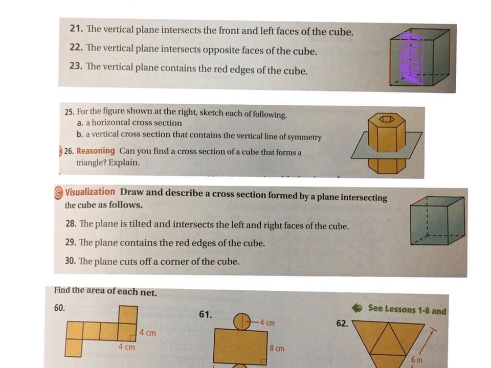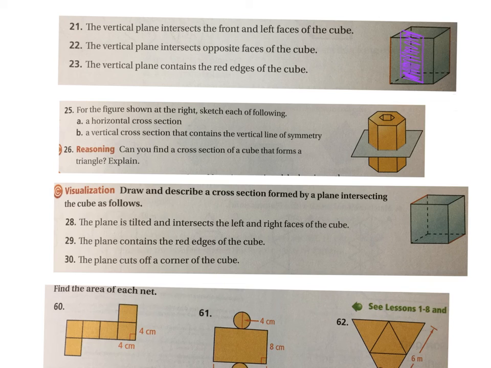25B, a vertical cross-section that contains the vertical line of symmetry. Basically what they're saying is if you're going to cut this figure in half, which would be right here, and you went vertically through that like this, what cross-section would you get? On this one, when you draw that in, that whole middle section isn't going to have anything.